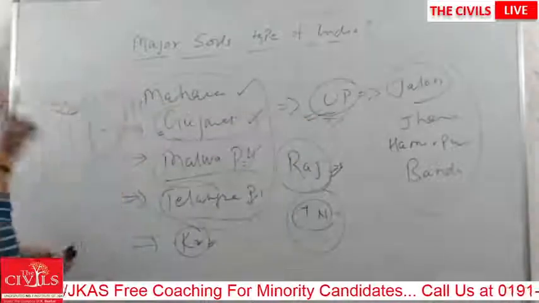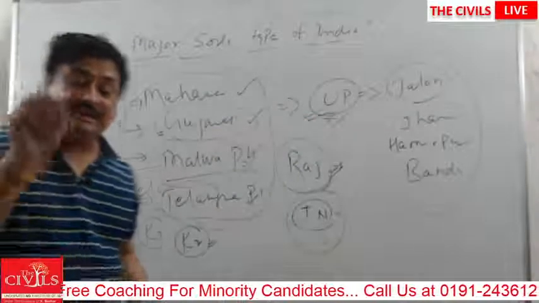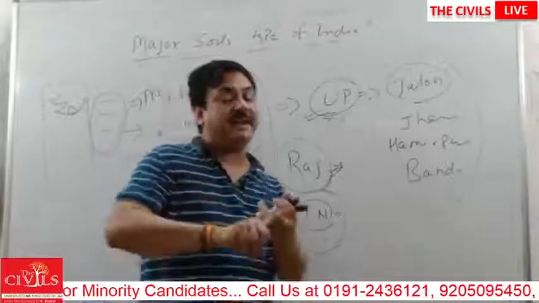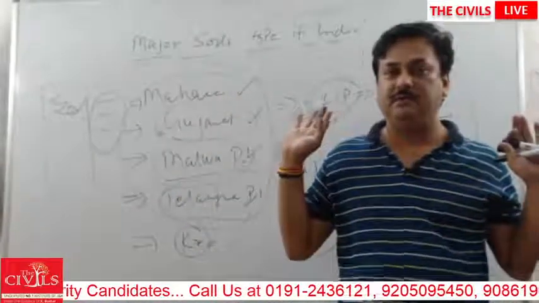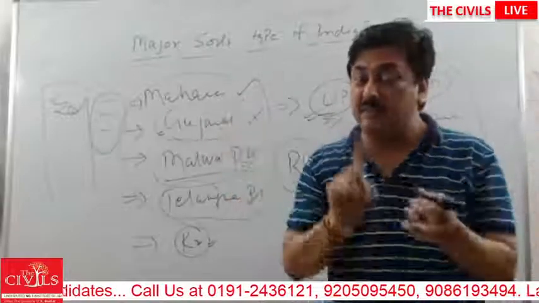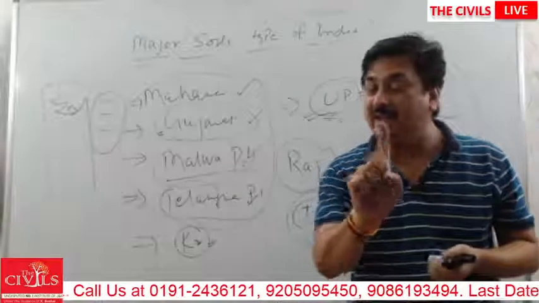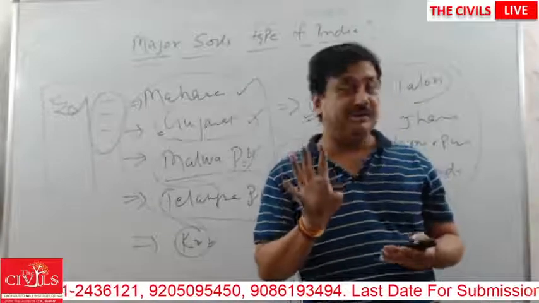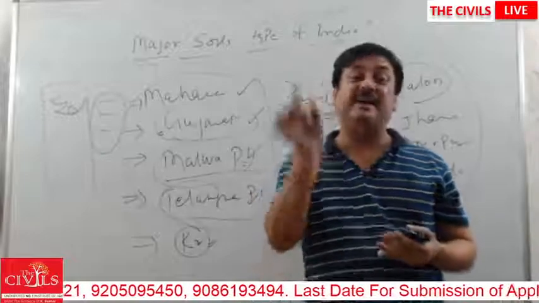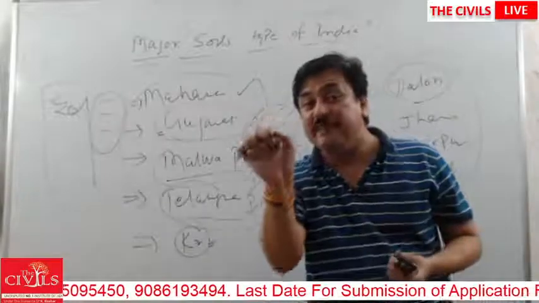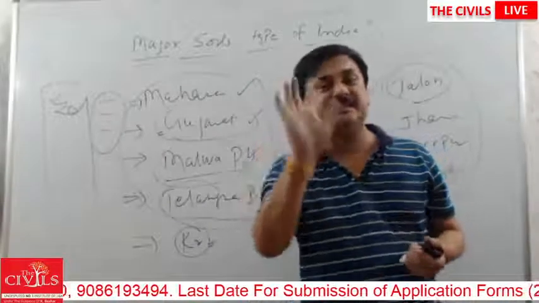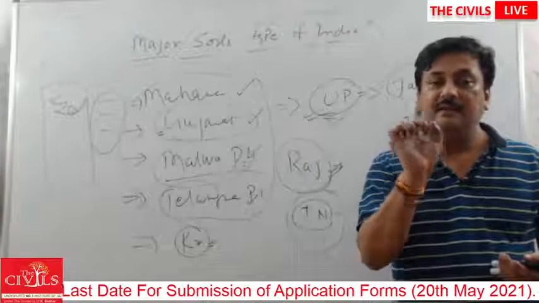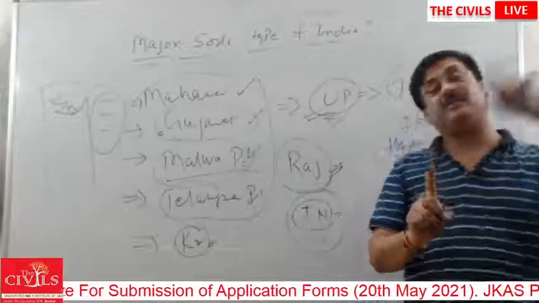So this is what this soil is. Two things are very important. Major part of this soil is formed from volcanic eruption, no doubt about that. But remember one thing, only volcanic eruption is not responsible for this formation. This soil is also formed from the schist rocks, which are Archean rock.